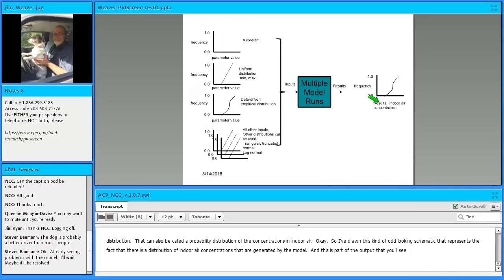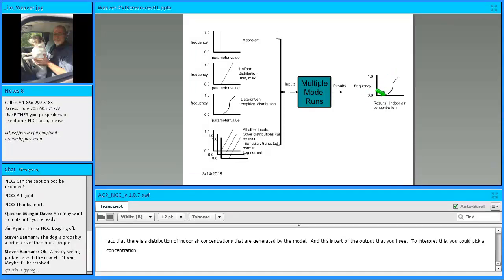To interpret this, you could pick a concentration, and if I pick this concentration here at the bottom, the probability of any result giving me a concentration of that or above that level is down at 0. As I move up the curve, the probability of this concentration would be right off this curve.